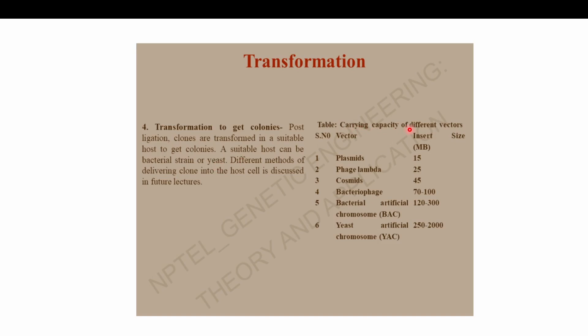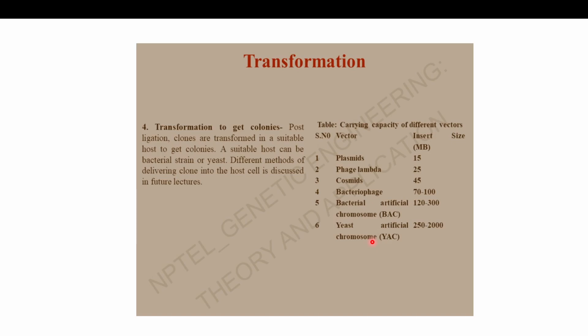Now, depending on the size of the fragment, as well as the carrying capacity of the vectors, how much DNA size or genetic sequence can be inserted varies. Yeast artificial chromosomes can have 250 to 2000 megabases of insert. It's really large. That's why this is used in what we looked at in the very first example of creating genomic libraries, where the whole genomic DNA is chopped into multiple fragments.